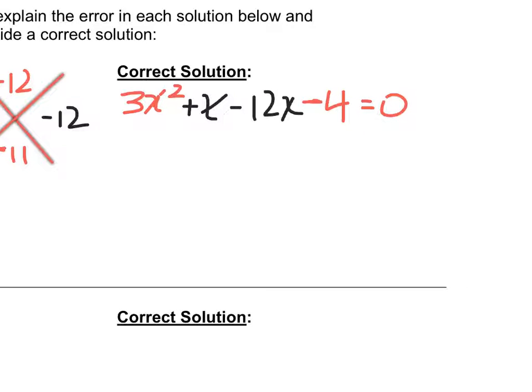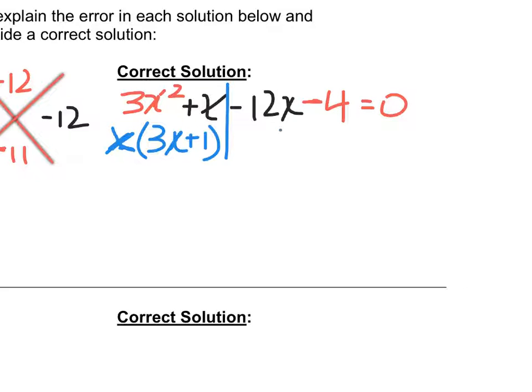We're grouping it. On the left, do I have a GCF? X. What's left when I pull it out? 3x plus 1. This marker's killing me. I'm going to use the other side.